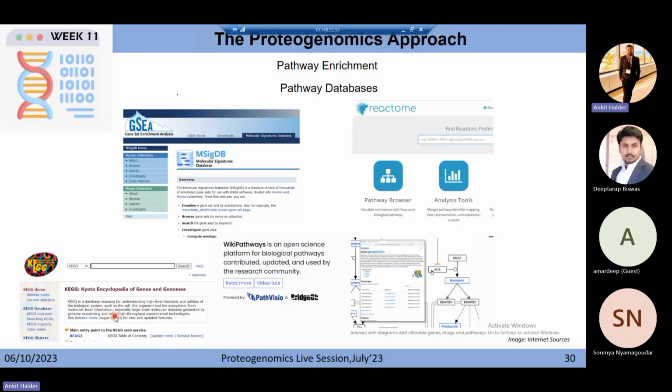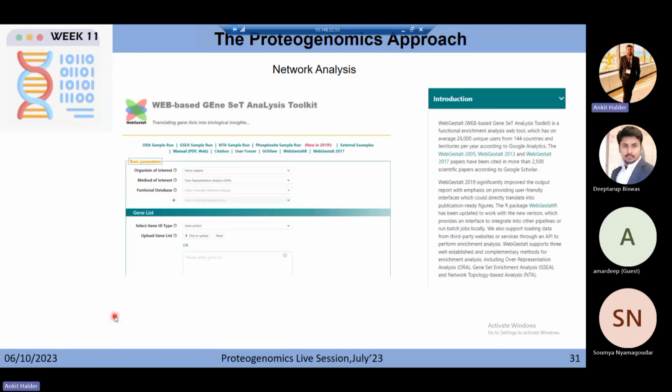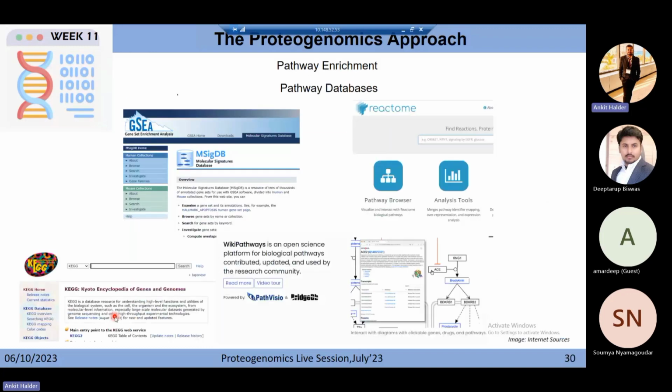Similarly, in Reactome we can find different pathway browsers and analysis tools. These are all sources which you can explore on your own as much as possible.